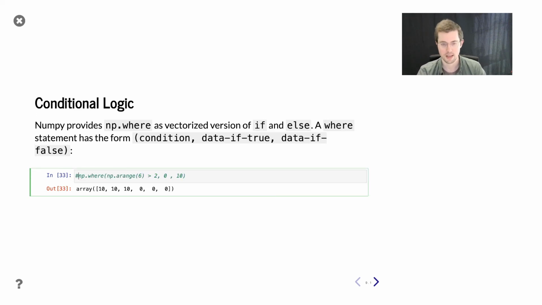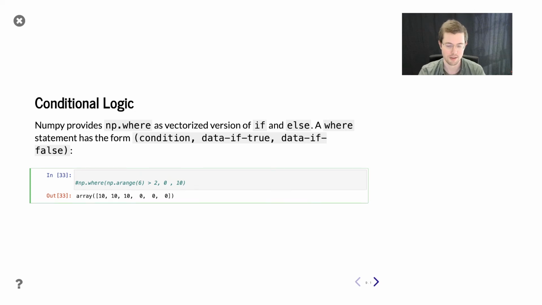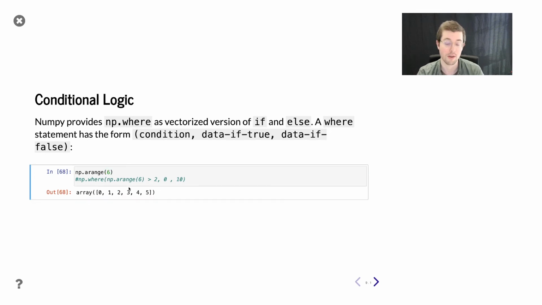So in this case, let me illustrate this. We take a range of 6 values as input, so from 0 to 5. And our condition is if this is actually larger than 2. So we have a Boolean array with 6 values, false, false, false, true, true, true.